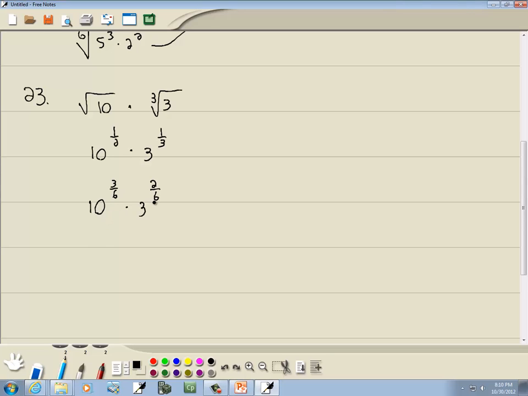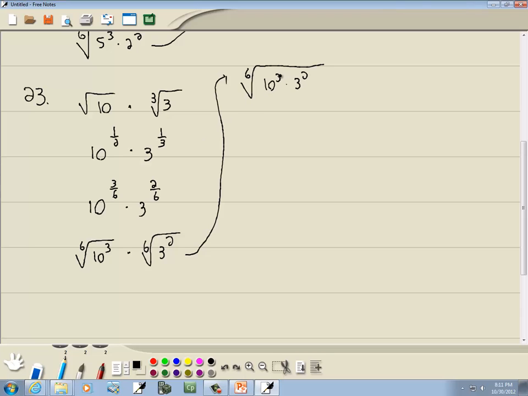Well, now they have the same denominator, so I'll put them back into radical form. So this would be 6, and that'd be 10 to the 3rd. And this one would be 6, and this would be 3 squared. Let's see what that gives us. 6th root of 10 to the third times 3 squared.